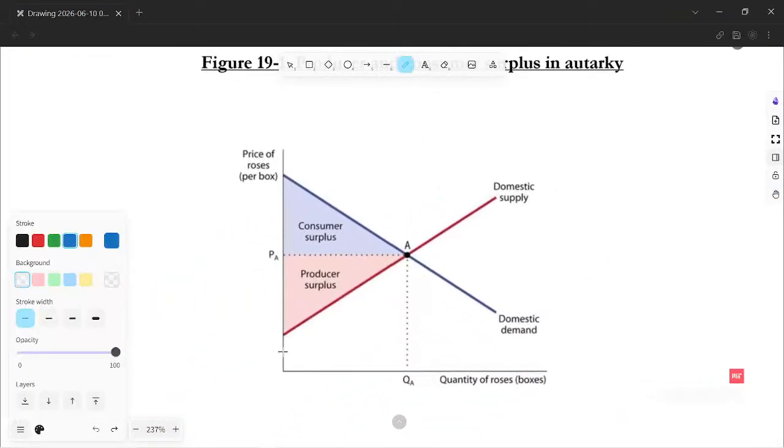So like, oops. So like this. Because domestic supply, no, hold on. Domestic supply. It's below, parallel below.